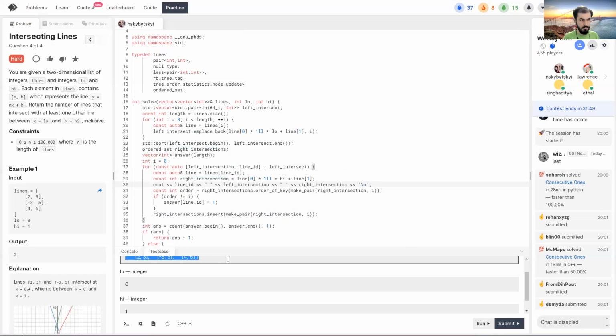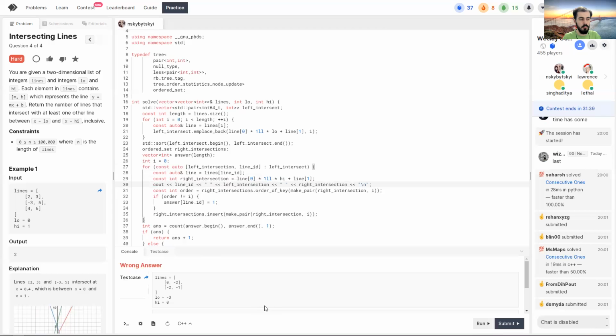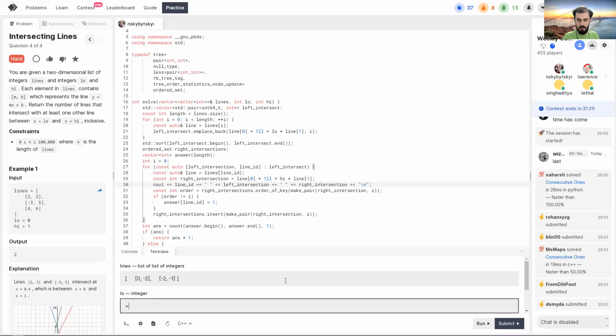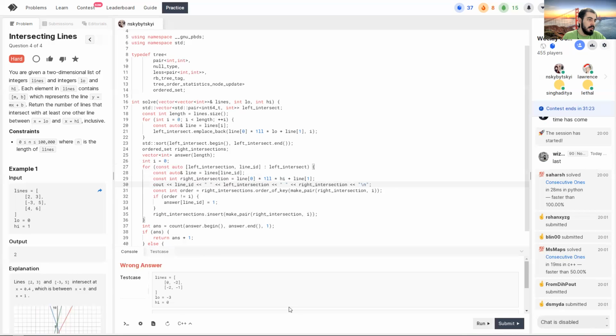Damn. I forgot what the test case was. Why is it so inconvenient with these test cases? Why can't you run on multiple test cases at once? What is that? I have to manually copy paste it every time. And it's also, okay, whatever. I'm just at the platform, at the interface.